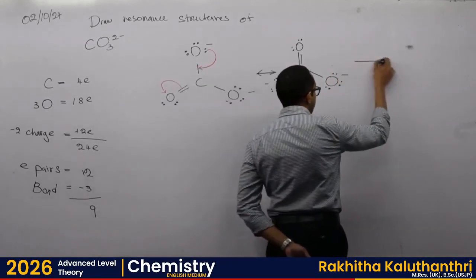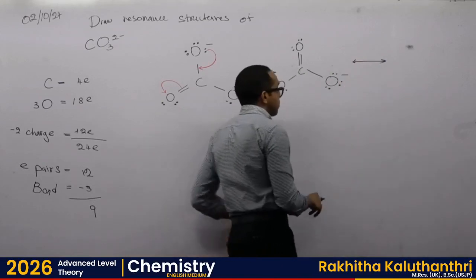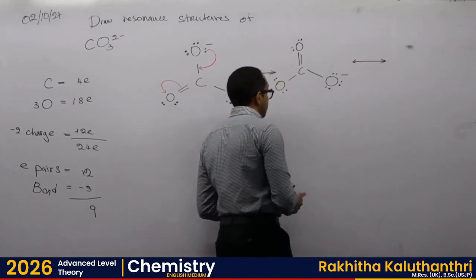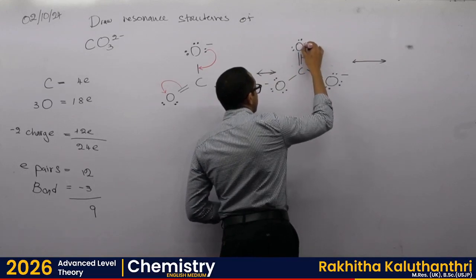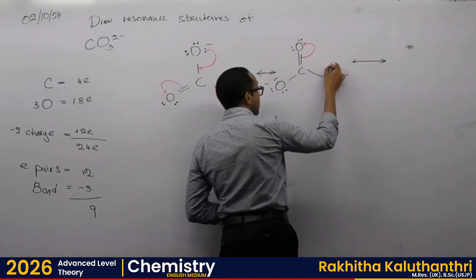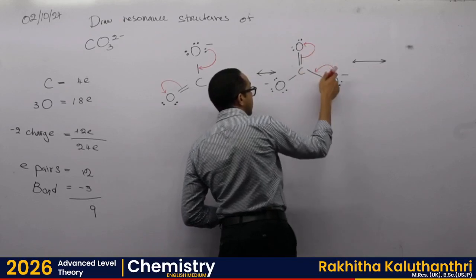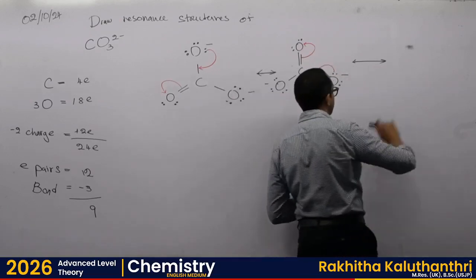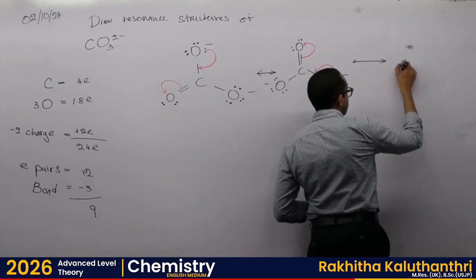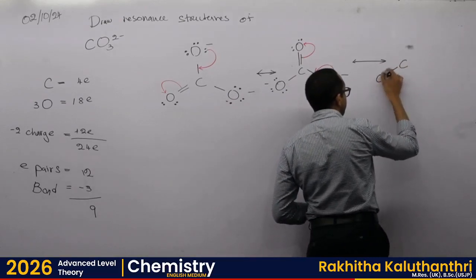The other one would be this lone pair going up, and so this bond pair going up, and the lone pair on this oxygen comes to a bond. So it turns into something like this.